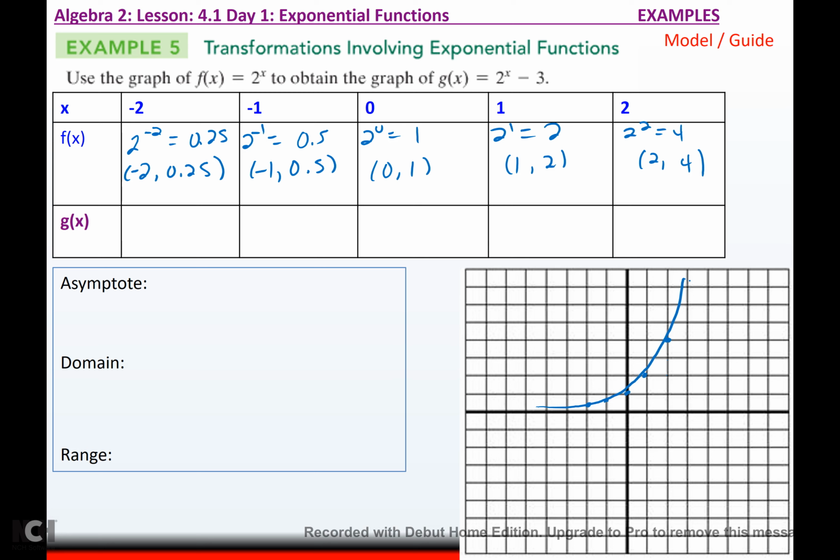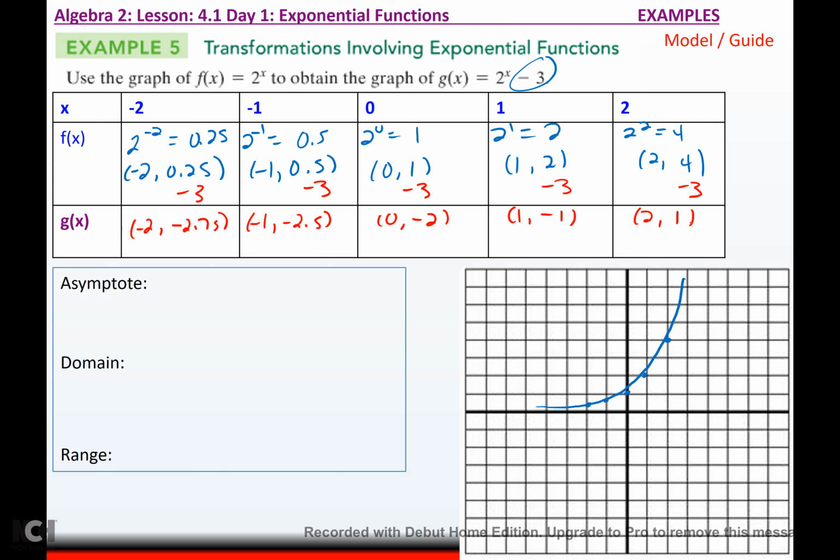Okay? So now this says subtract 3 from the y's. So if I subtract 3 from the y's, I get 0.25 minus 3, negative 2.75. 0.5 minus 3 is negative 2.5. This will be 0, negative 2, 1, negative 1, 2, 1.